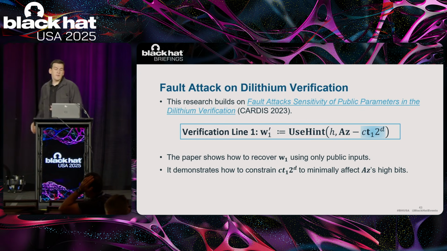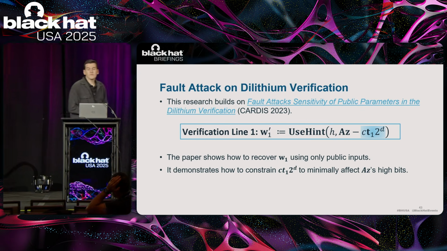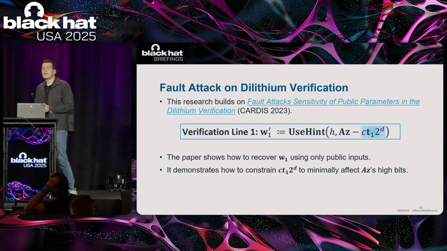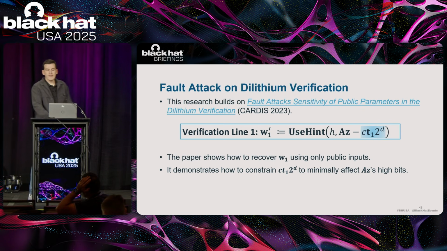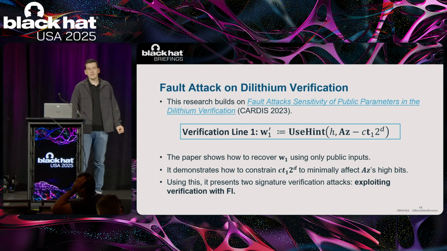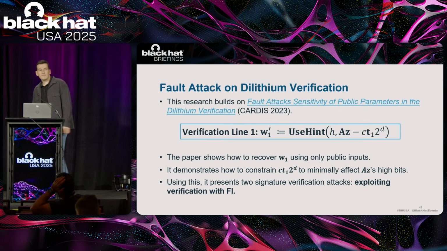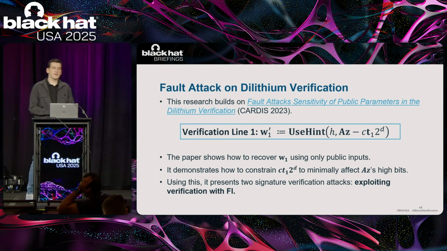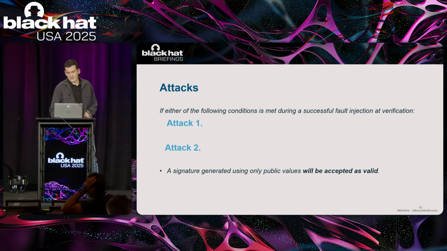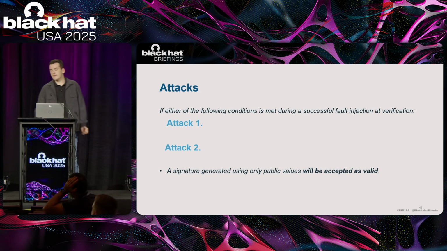And it demonstrates how to constrain C T1 2 to the power of D, so it will minimally affect the high bits of AZ. And using this primitive, it presents two signature verification attacks with fault injection. So let's check these attacks.